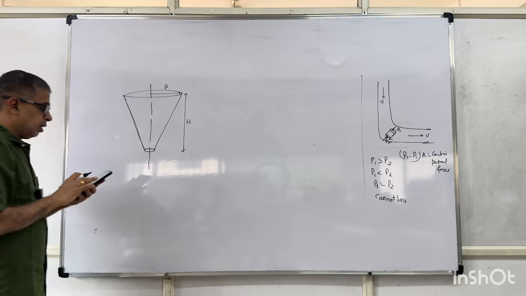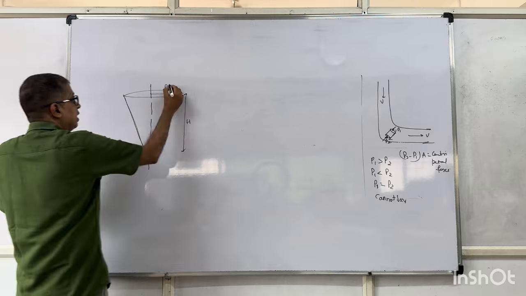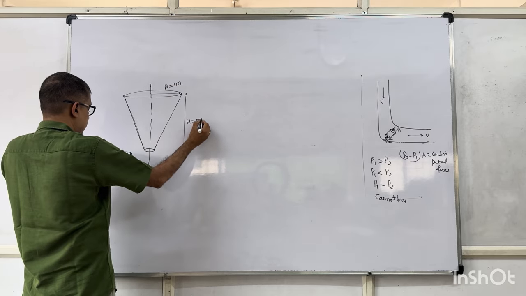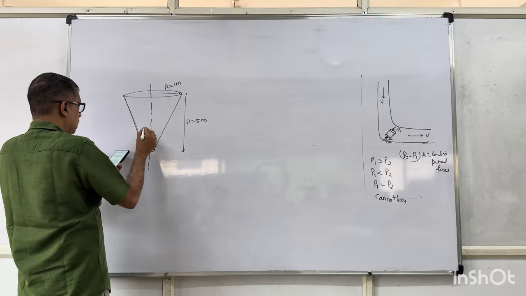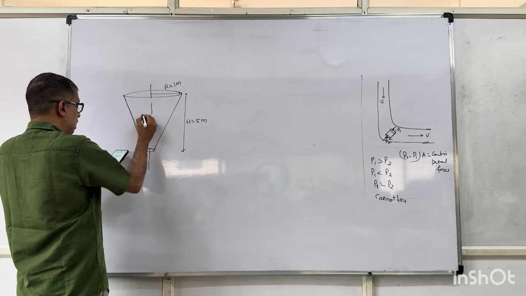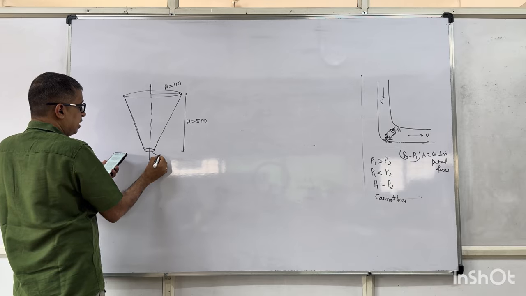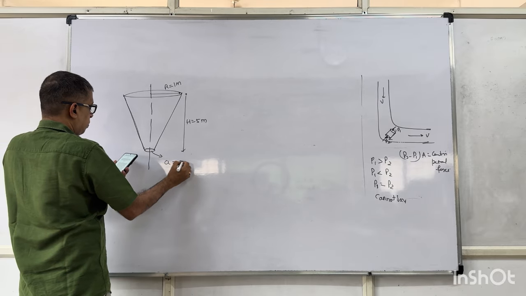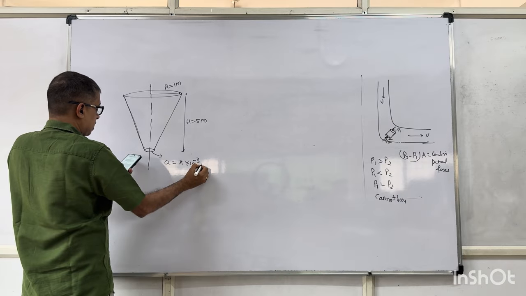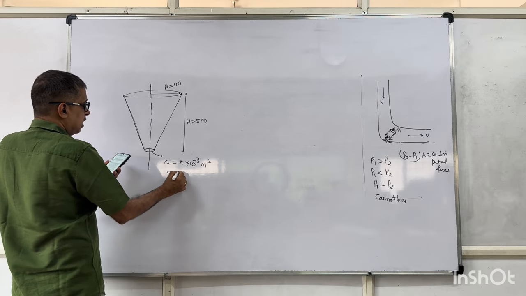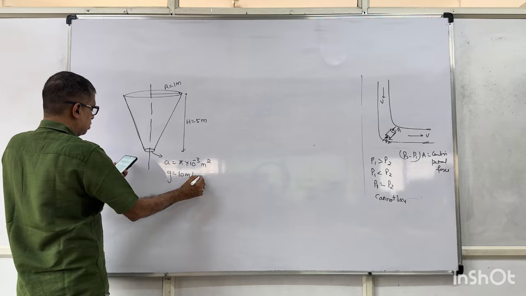Listen, a conical container of radius 1 meter and height 5 meters filled completely with a liquid. There is a hole at the bottom of the container of area pi into 10 raised to minus 3 meters square. Right? You will take G as 10 meter per second square.